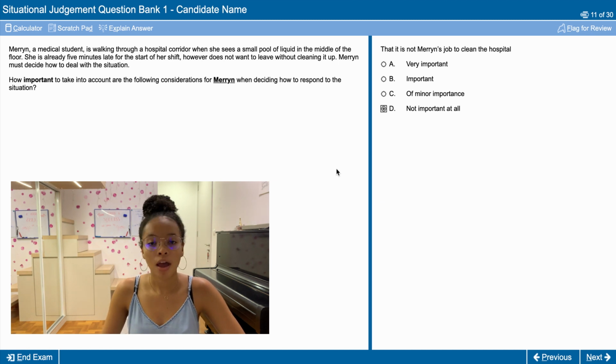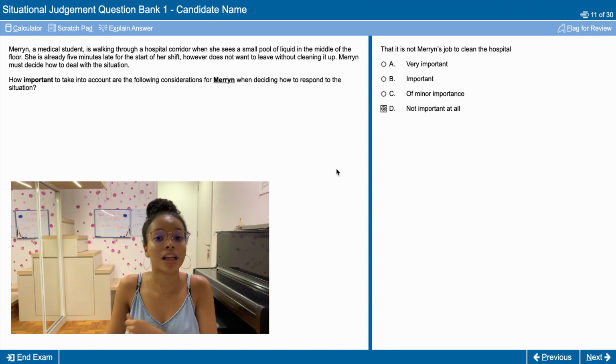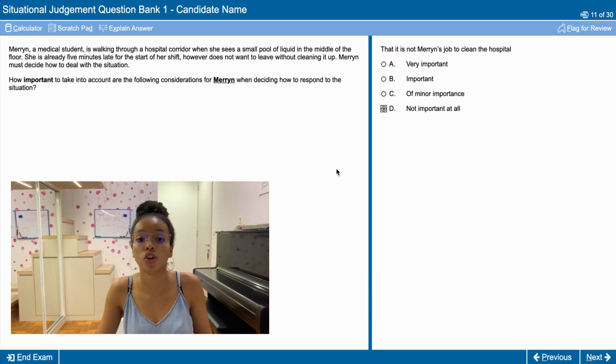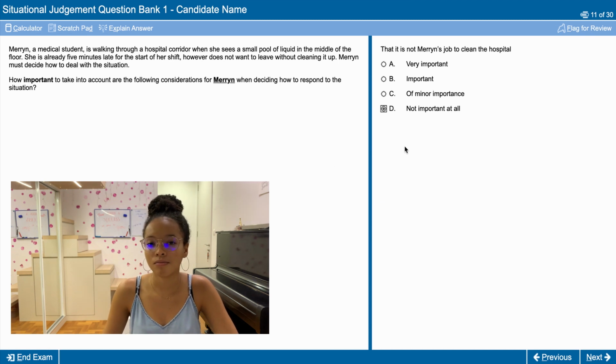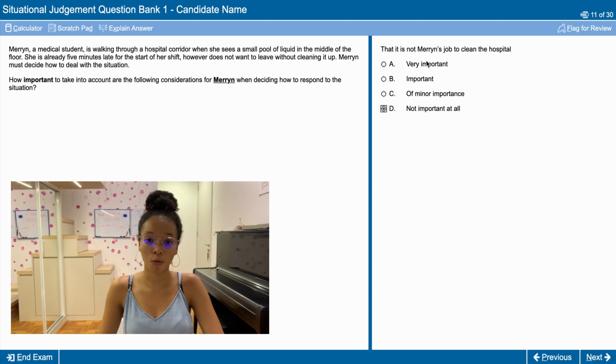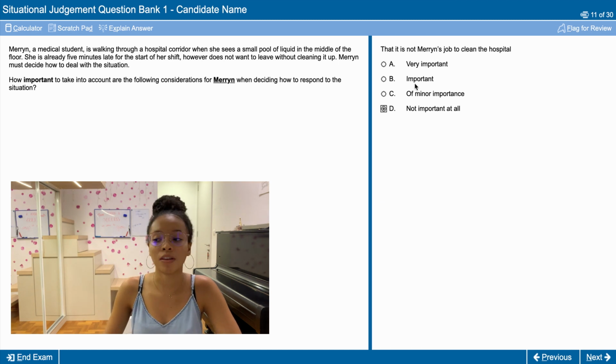Even if her job is not the janitor, even if her job is not cleaning the hospital, she is still there to make sure that the people in the hospital, the staff as well as the patients, are taken care of and are safe. It would be very arrogant to say that it's very important: I'm not supposed to clean the hospital, so I'm not going to do anything about it. That's not how she should be responding.